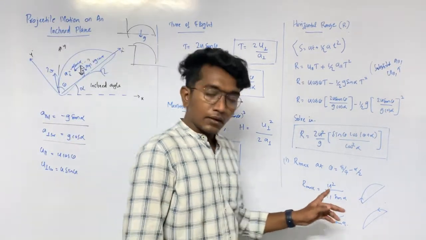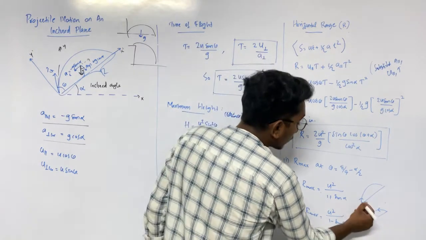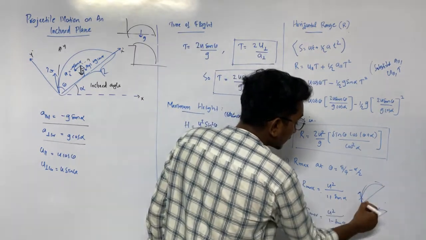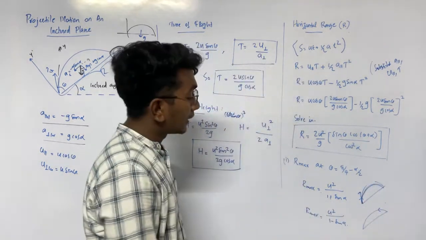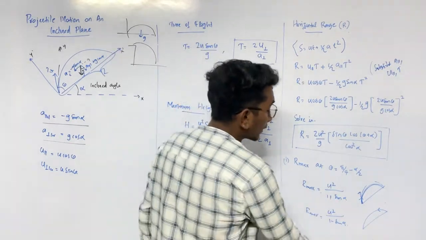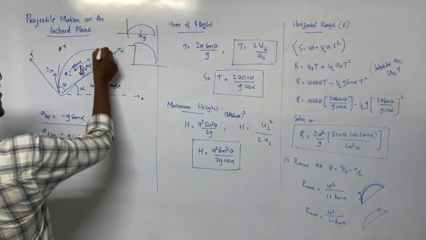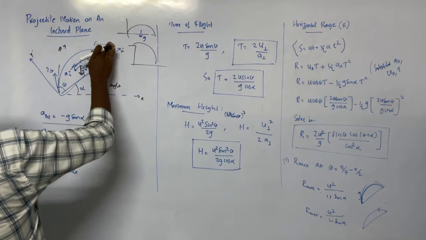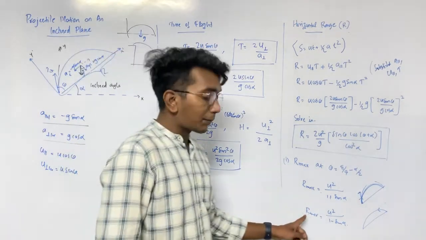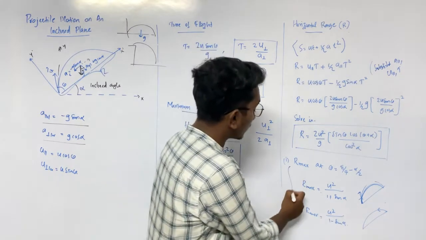Now R maximum: if you are throwing the ball upwards along the inclined plane, then it is u square by g into 1 plus sin alpha. And if you are throwing from up to down, in this direction, then R max is equal to u square by g into 1 minus sin alpha. Just keep these equations in your mind.